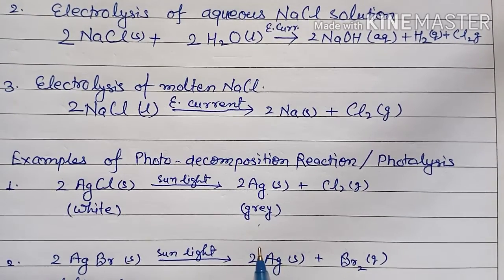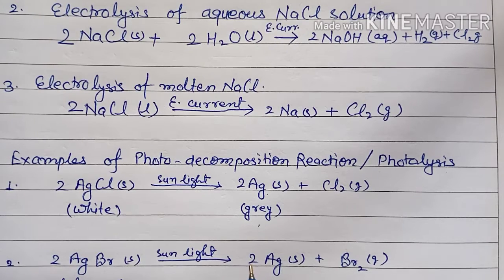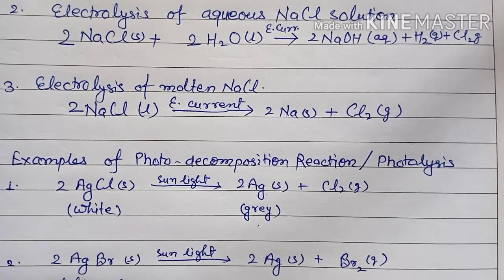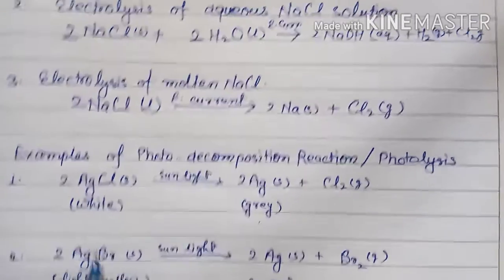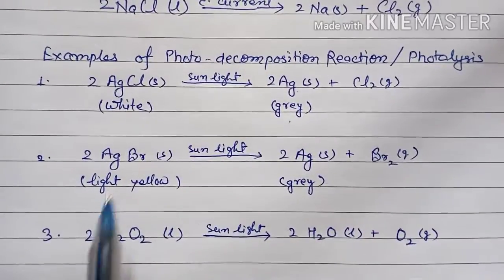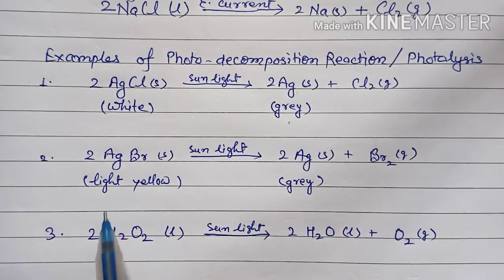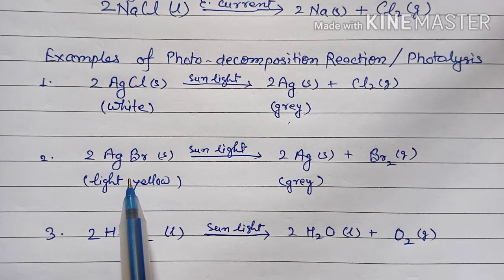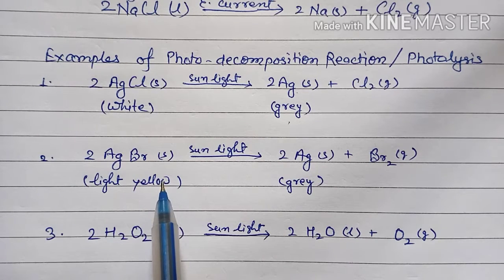Actually, sunlight consists of photons, which are the source of energy. They cause the decomposition of silver chloride, and similarly silver bromide also. Silver bromide, which is of light yellow color, also undergoes decomposition in the presence of sunlight.